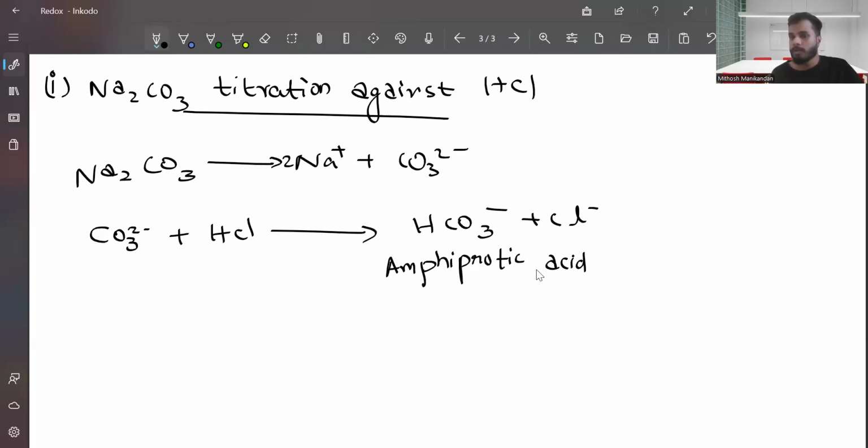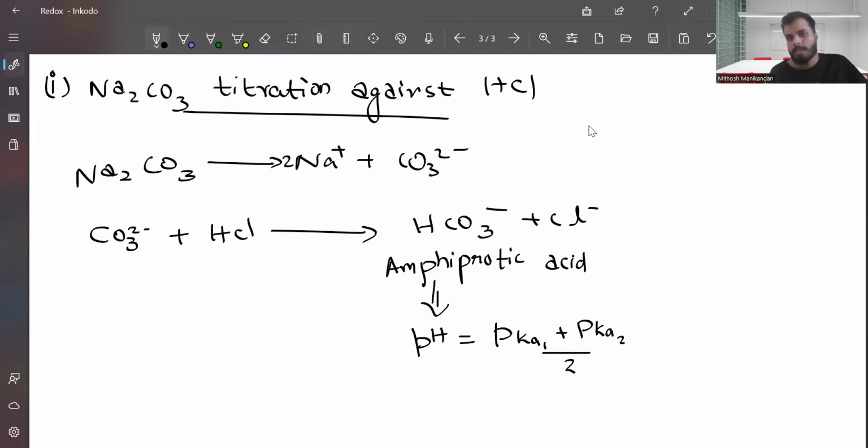So how do you calculate the pH of an amphiprotic species? This part will be easy for the 12th students or revising students, because this pH calculation comes from ionic equilibrium. But don't worry, just understand the pH of this will be pKa1 plus pKa2 divided by 2.